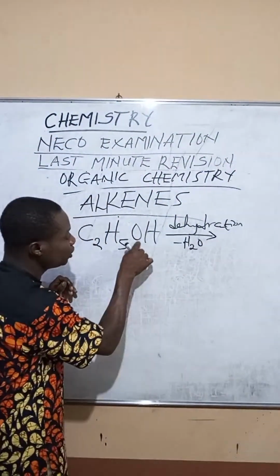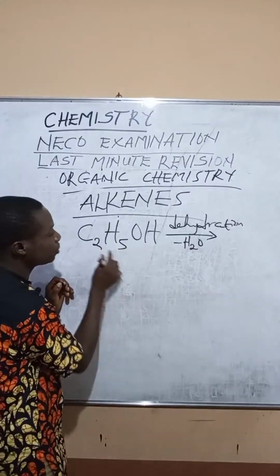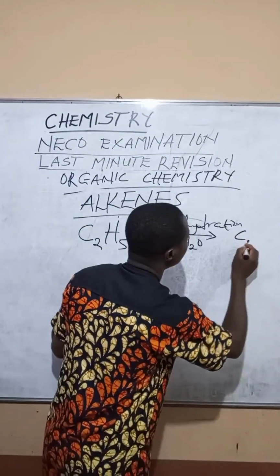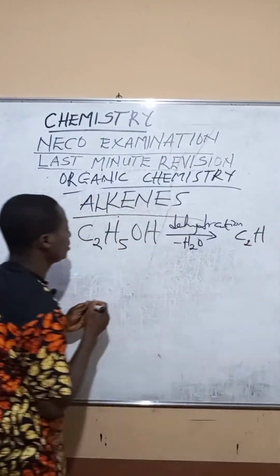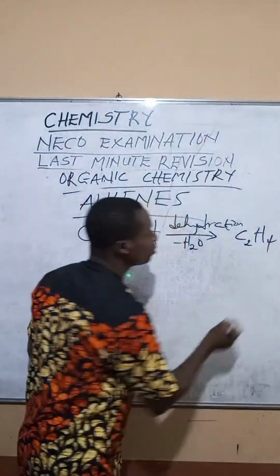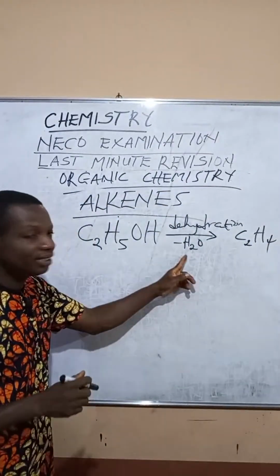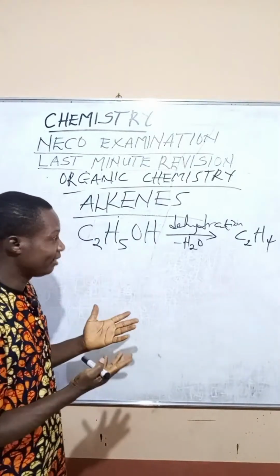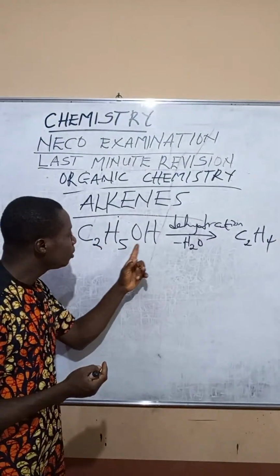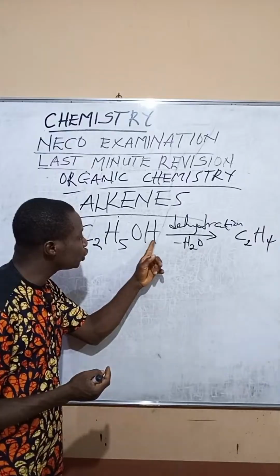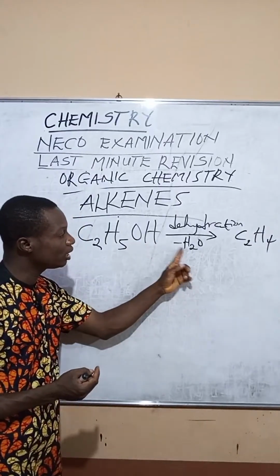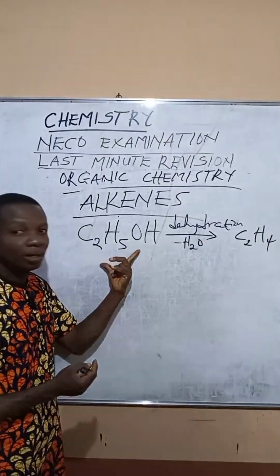It's gone. Then remove this O. So we're now left with C2H4. I want you to understand what we did here. We have removed OH and one H from alcohol.